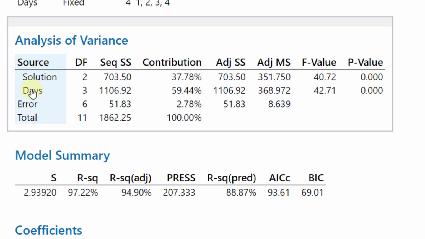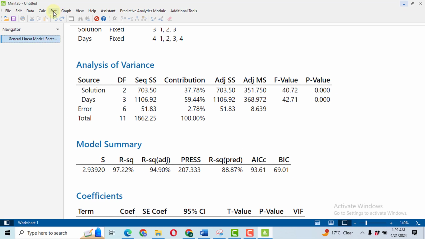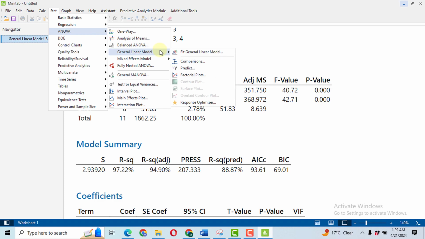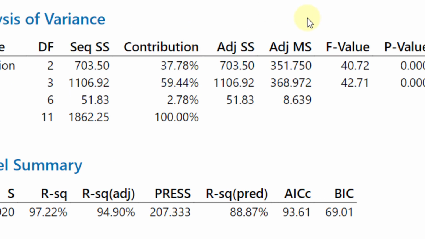Now, since we have to check which of the solutions has the greatest retarding effect on the bacteria, we will have to perform optimization of the data, for which we will go to Stat, ANOVA, GLM, and then the response optimizer. Or before that, you can see the factorial plots.